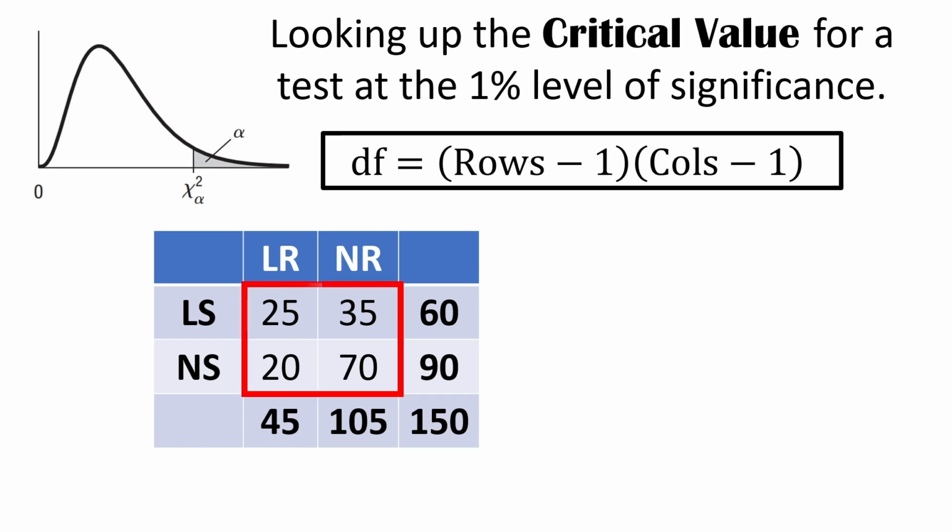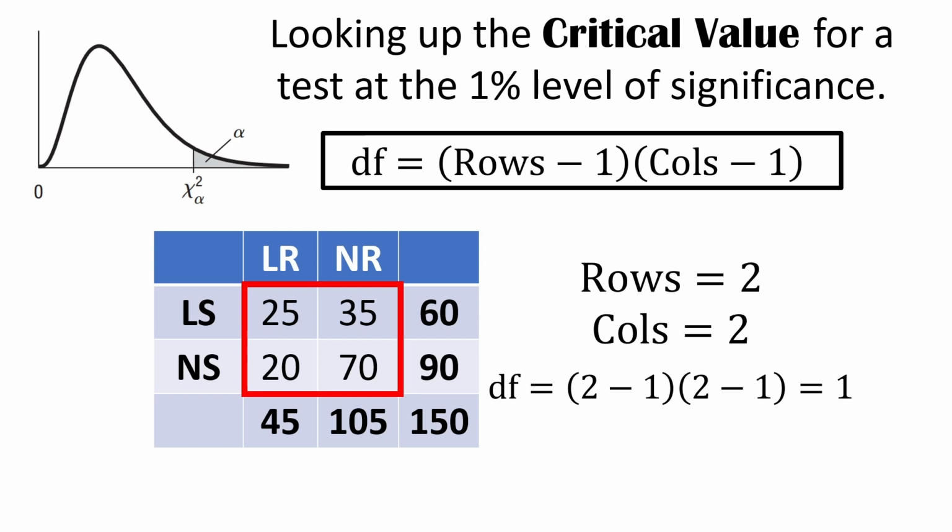It's just the actual counts that you look at. So in this case, there's two rows corresponding to whether you like sports or not, so the two levels of that categorical variable. And likewise, there's two columns for the other categorical variable. So the degrees of freedom in this case is in fact 1 degree of freedom.